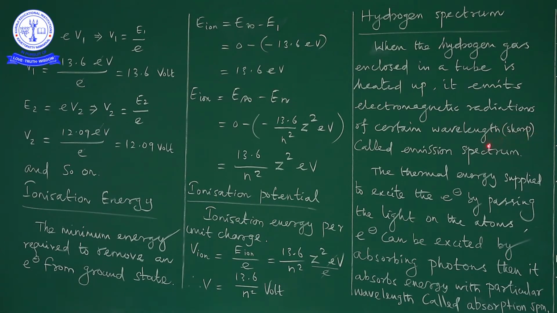So, when the hydrogen gas enclosed in a tube is heated up, it emits electromagnetic radiation of certain wavelengths, and this is the emission spectrum.